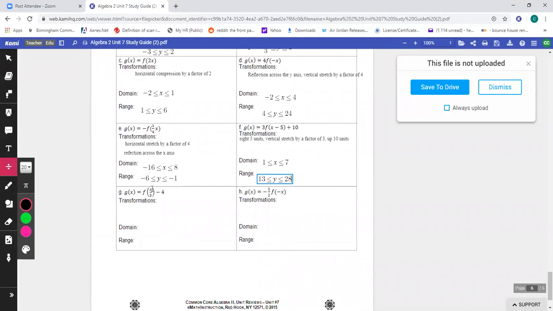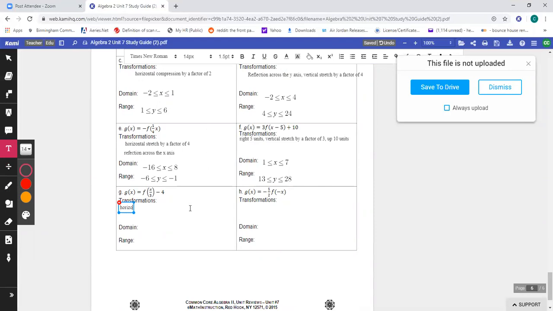So for letter G, if I have the divided by 3 on the inside, remember that's the same thing as 1/3. So that means here I have a horizontal stretch by a factor of 3. And then I am also going to go down 4 units. So my domain will get stretched by a factor of 3.